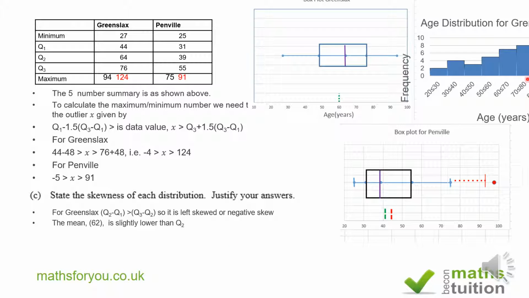Or, the mean is 62 there, or we can use the histogram, and you can see the histogram is skewed to the left hand side for green slacks.